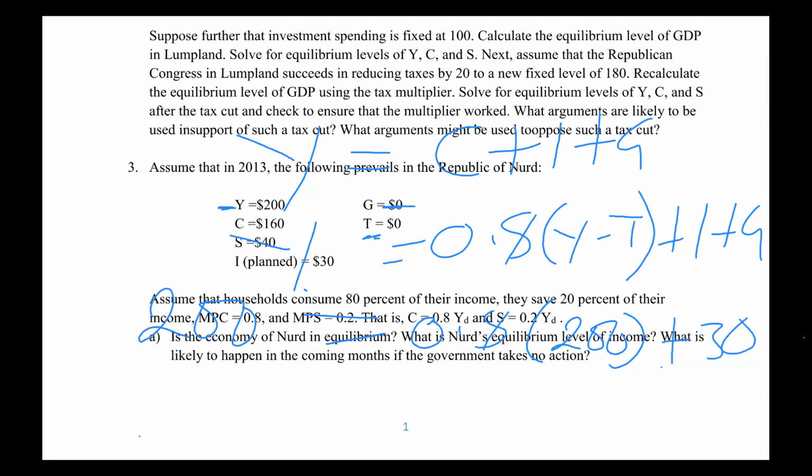What is 0.8 times 200? 160. Then plus 30. 190.